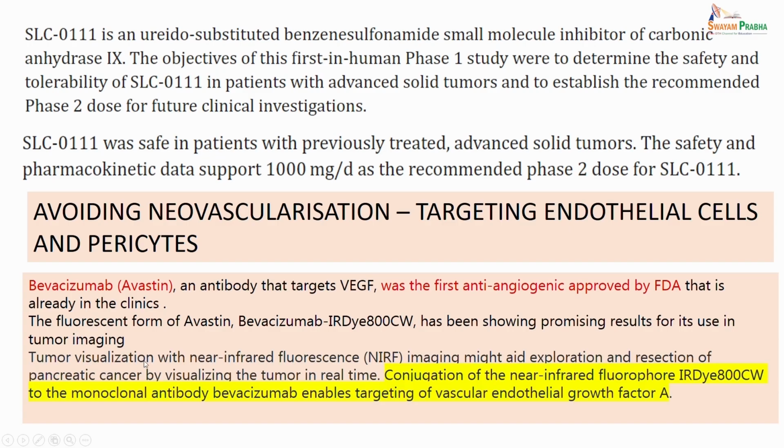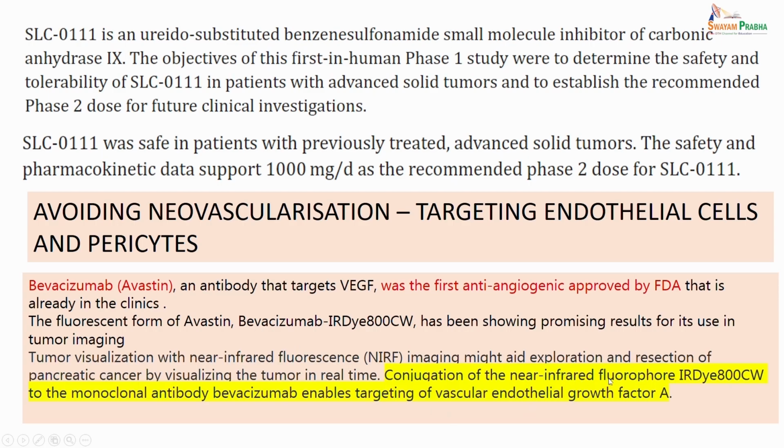Tumor visualization with near infrared fluorescence, what is called NIRF imaging, might aid exploration and resection of pancreatic cancer, since visualizing the tumor in real time is possible if this particular agent is used along with bevacizumab.